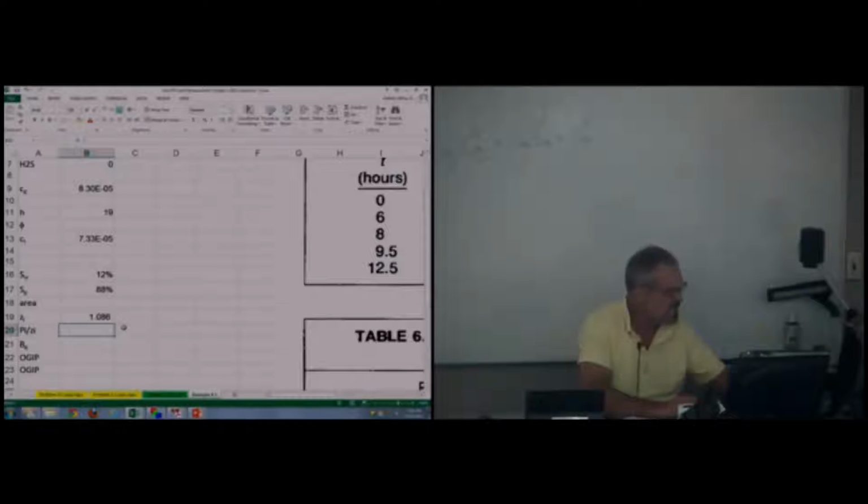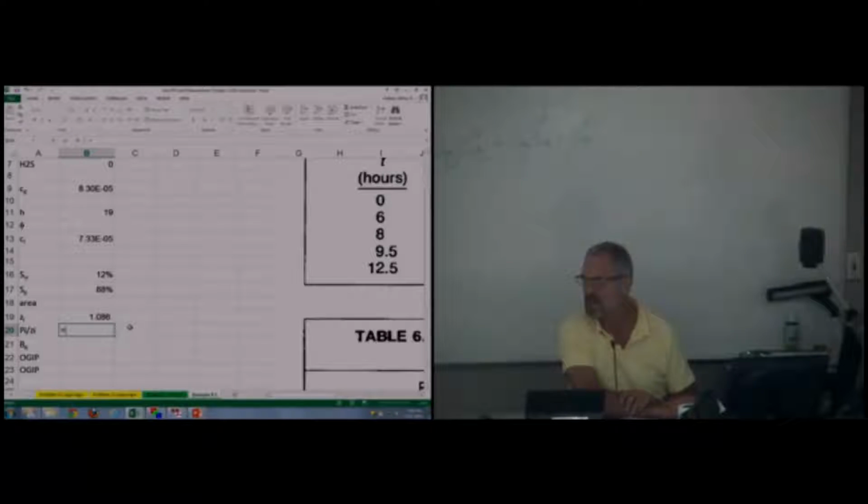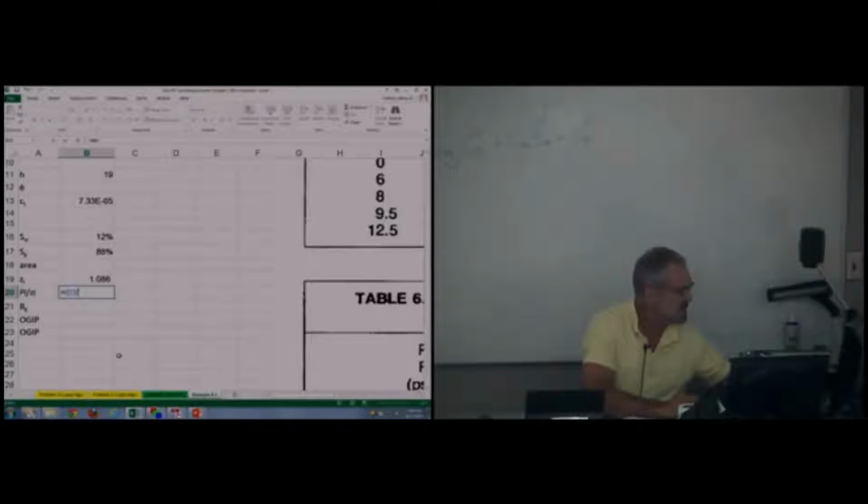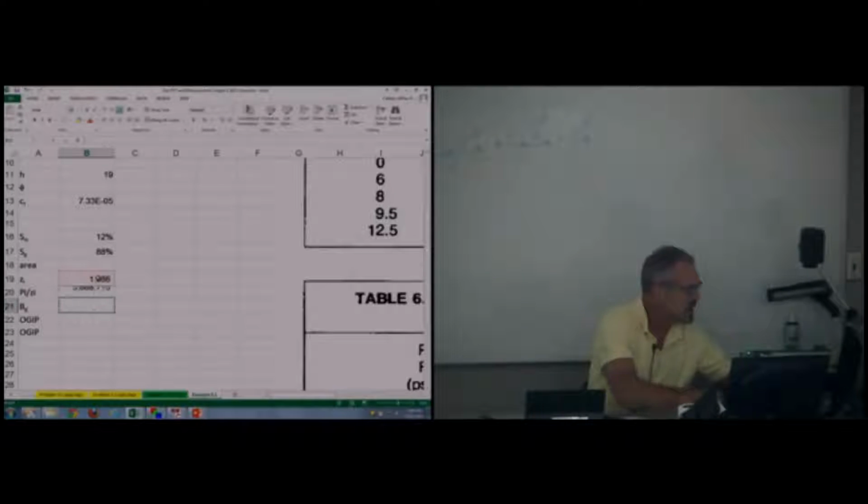If I want P over ZI, which would be the y-intercept of my P over Z versus cumulative production, or material balance plot, it'd be PI over ZI. If I wanted B sub G, I think I call it gas B sub G.